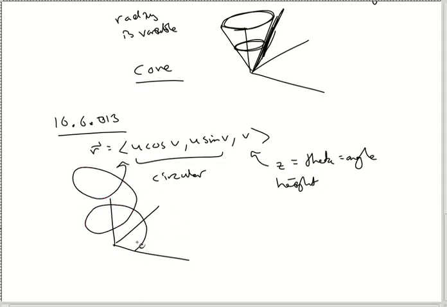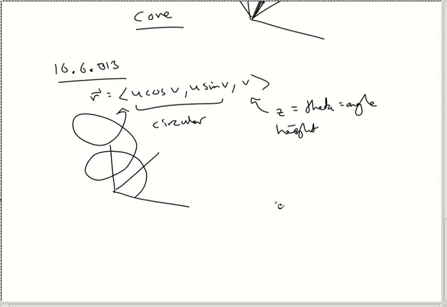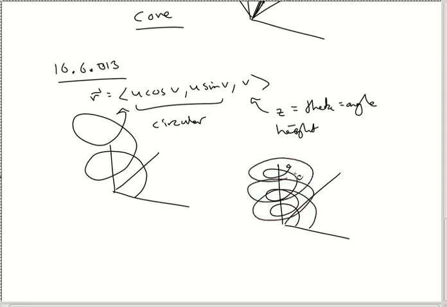Now notice that this is cool and all, but I said beforehand, let's just assume a fixed radius. What's going on is that it could be any kind of radius. So let me just kind of make an example here. So we got a spiral here, and then we got the same spiral here. And if you can barely tell, if you go up and up and up, it's actually a staircase.